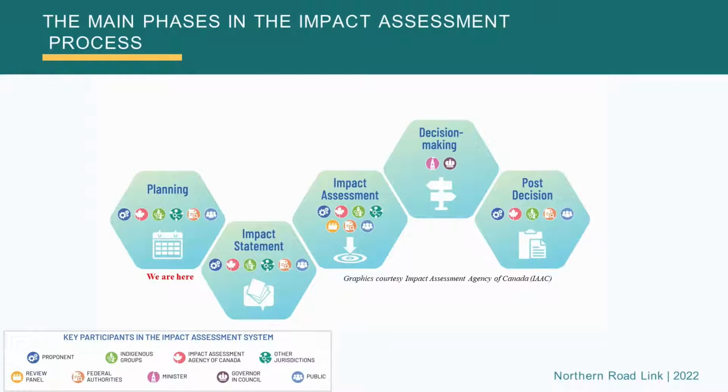That's followed by the impact statement phase, where a lot of the work is being done by the proponent, conducting the studies, gathering data and information, and putting that material together.